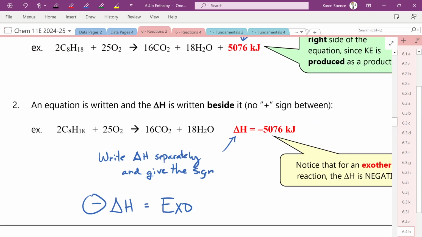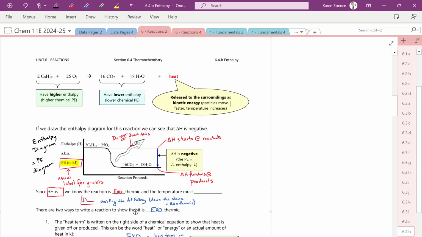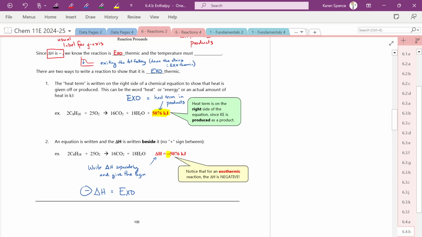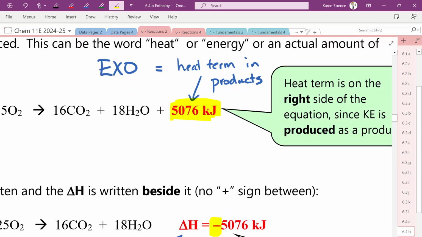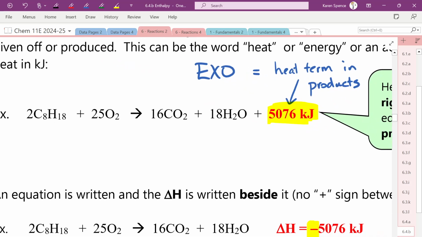One thing I'd like you to notice here. Do you see how delta H is negative? But when we write the heat term in the reaction, we don't write minus 5076 kilojoules. Our chemicals are losing 5076 kilojoules, but we're giving off 5076 kilojoules.